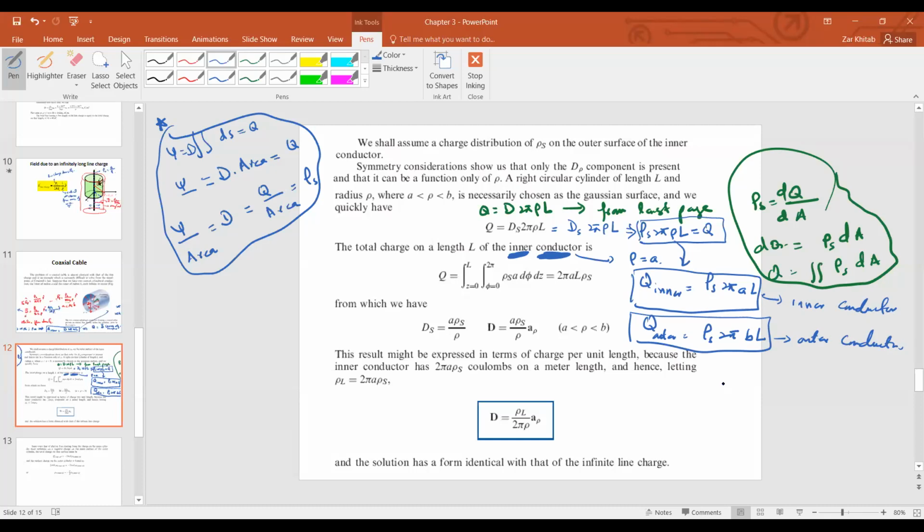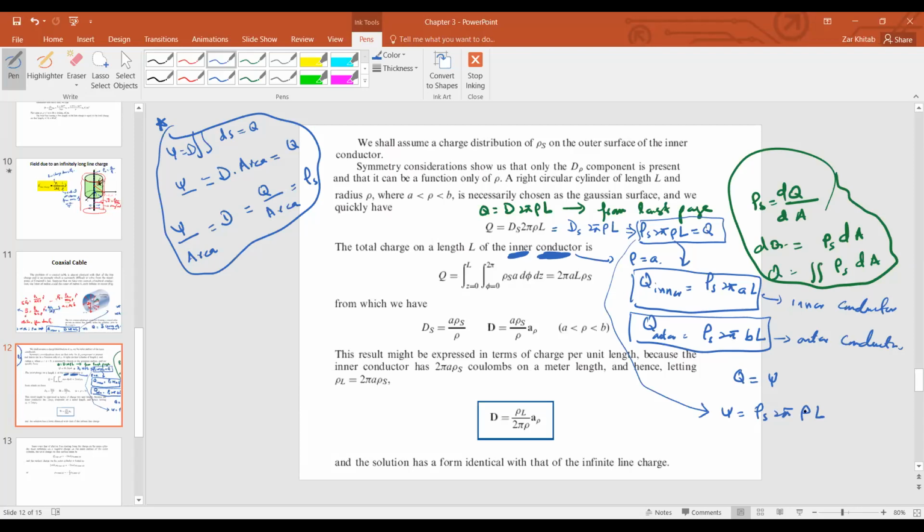And we also know that Q equals psi. So psi, which is the electric flux, equals rho s 2 pi rho into l.